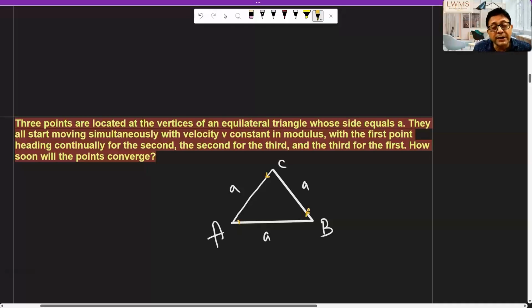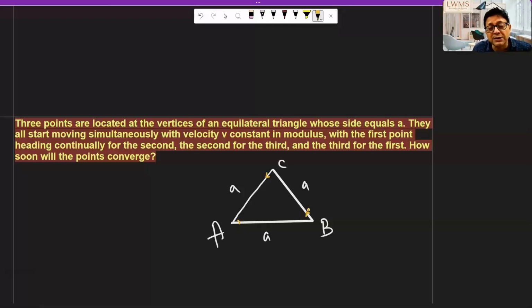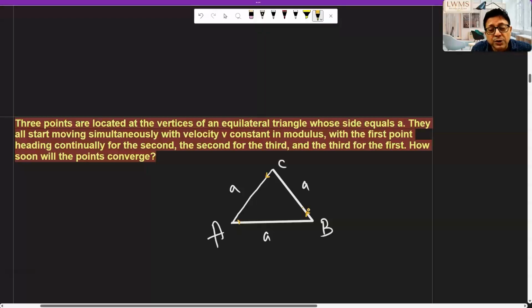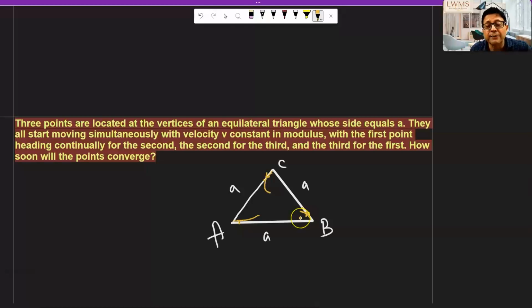But after some time, it cannot continue the straight line path because it is heading towards B. B is here. So its path is changed. Similarly, C's position here. B's path is changed. C is approaching A. A is somewhere like this. So its path is changed. Again, it happens in the same manner.